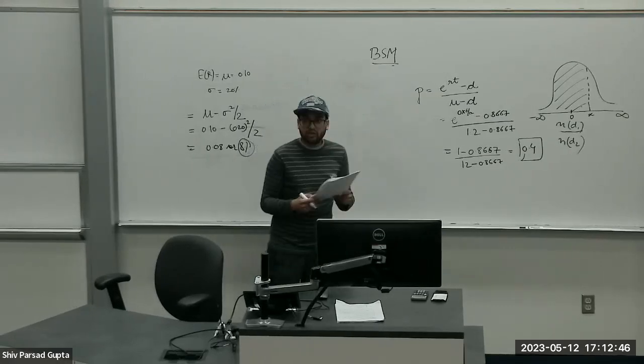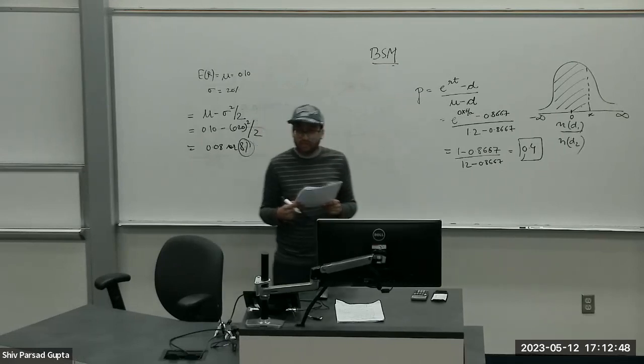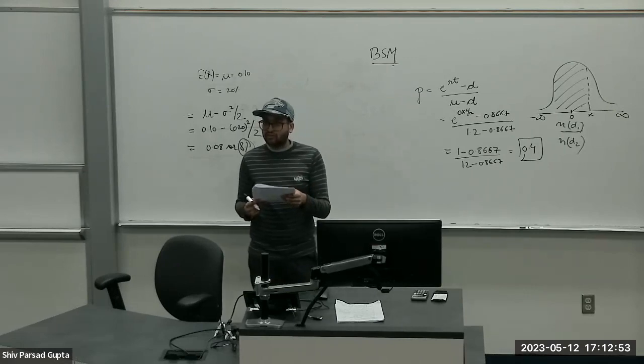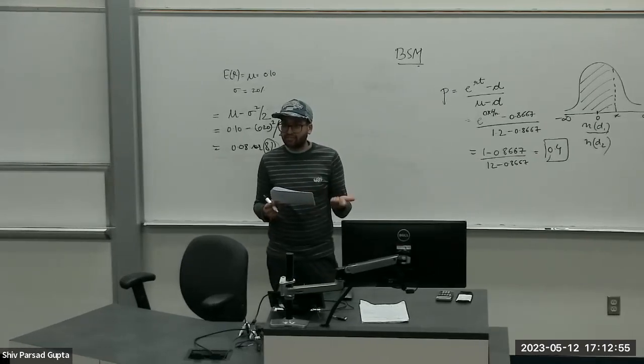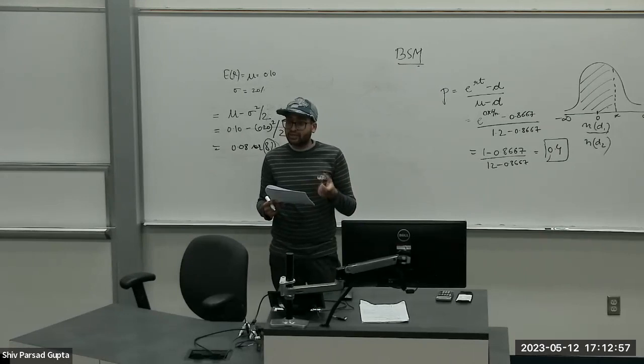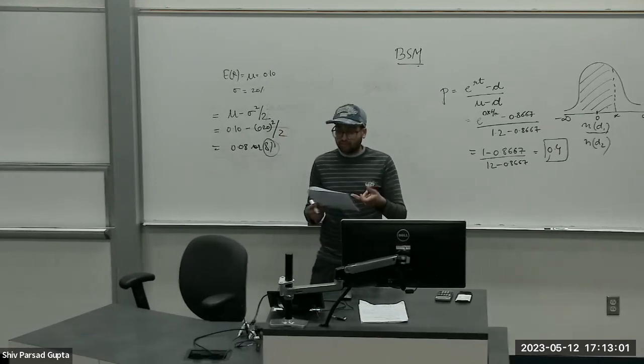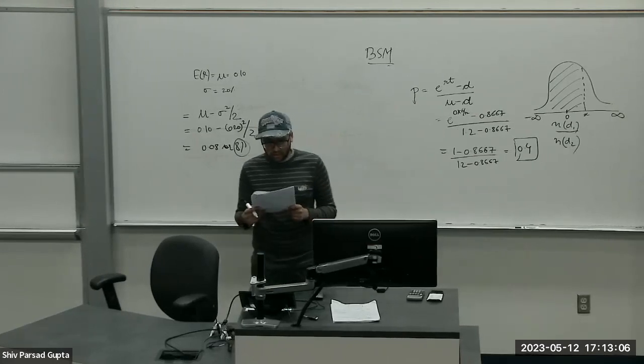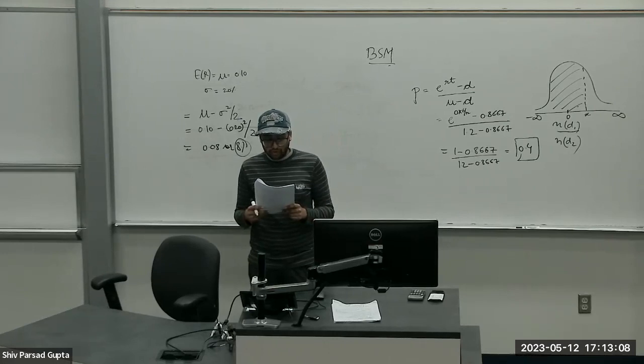If the dividend is being given, this question was also covered in homework number 5. So if the dividend is being given, what we'll do is subtract the present value of the dividend from the stock price and then we'll use the BSM formula. We can compute the value of the call option and the put option accordingly. So the correct option will be option D.